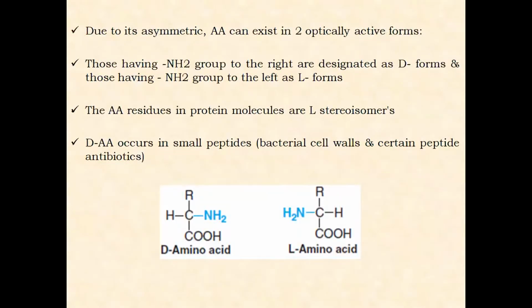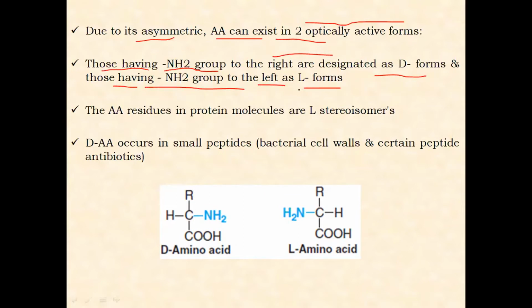Due to the asymmetric nature, amino acids can exist in 2 optically active forms. Those amino acids which have the NH2 or amino group on the right side are designated as the D form, and those amino acids which have the NH2 group on the left side are known as the L form.